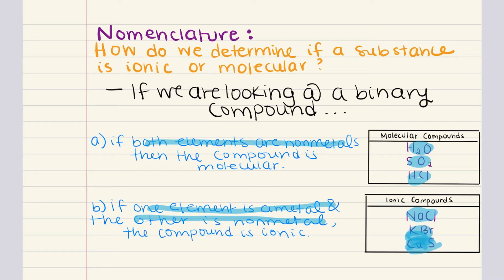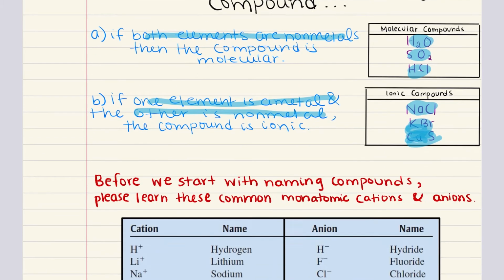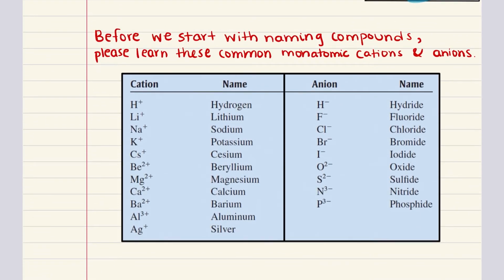Now, before we actually dive into all the rules we're going to cover, it's essential to first familiarize ourselves with common monatomic cations and anions because they are going to frequently appear in various compounds. Here we see our common cations. We have hydrogen, lithium, sodium, potassium, cesium, beryllium, magnesium, calcium, barium, aluminum, and silver.